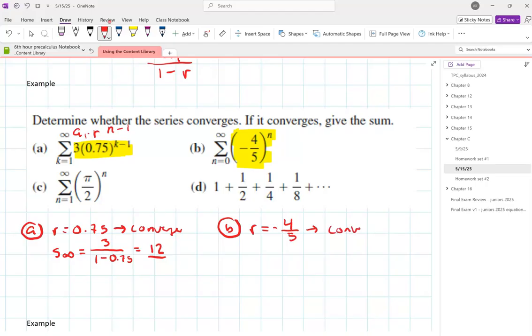So again, this converges. So I need the first term. Notice that we're starting at the 0th term. So the first term we add up is -4/5 to the 0. The sum will be 5/9, I think, when I do that arithmetic.